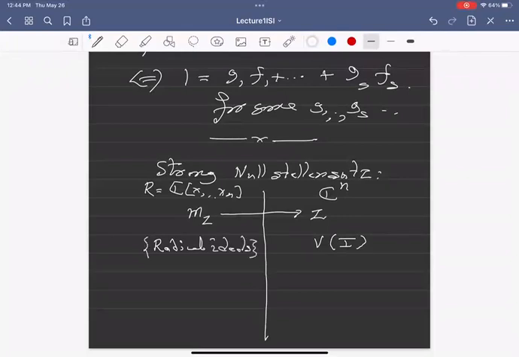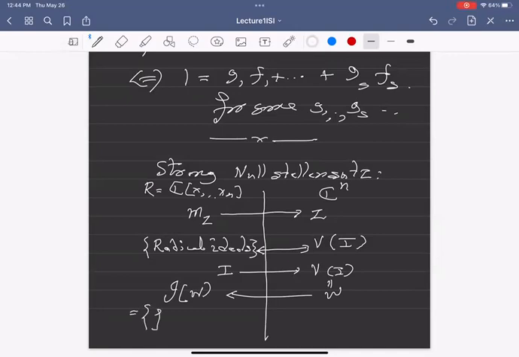I want to show that there is a one-to-one correspondence between radical ideals and algebraic varieties. It is given by: take an ideal I and go to its variety, and the reverse map is given by: take an algebraic variety W and look at the ideal of W. The ideal of W, remember, is all polynomials which vanish at every point of W. You can show that this is a radical ideal.